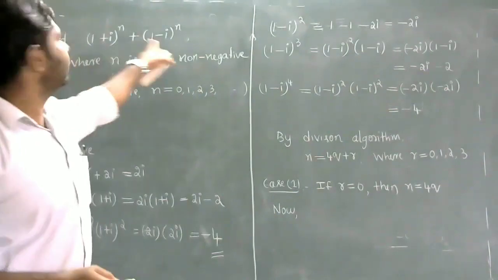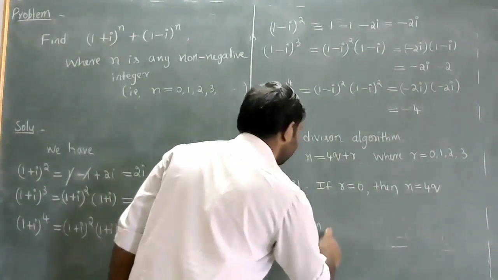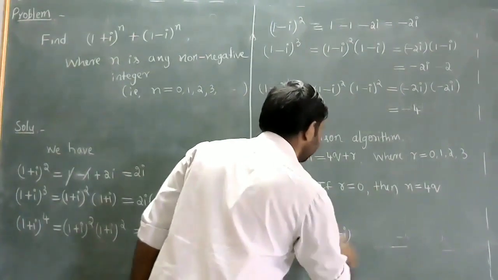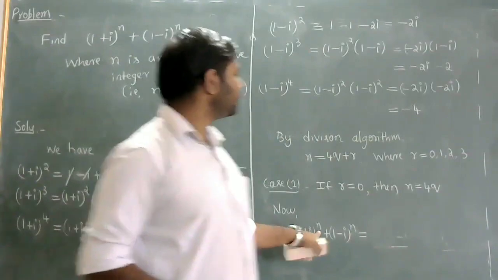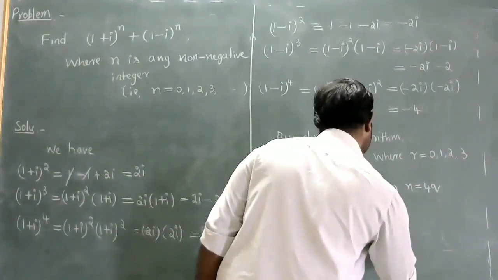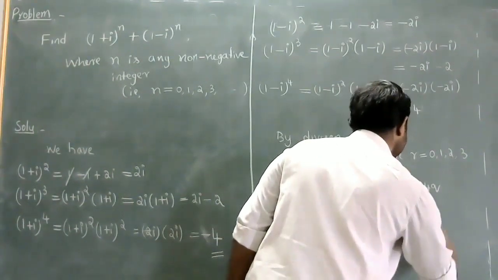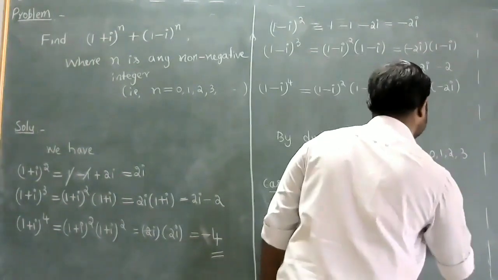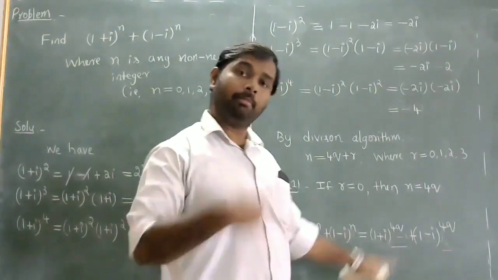Now consider the number (1+i)ⁿ + (1-i)ⁿ. In place of n I can write 4q. So (1+i)^(4q) + (1-i)^(4q). Now use the law of indices: a^(mn) = (a^m)^n.